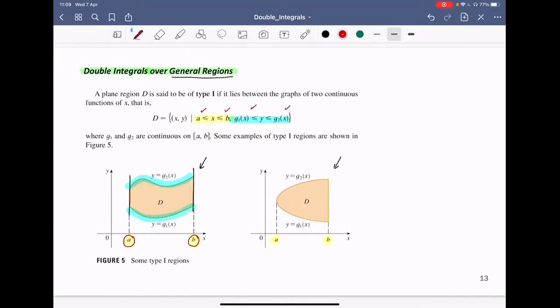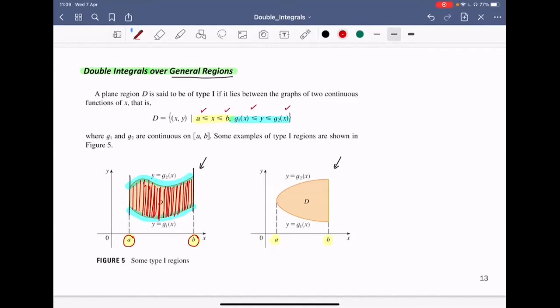If you want to do that, it's similar to drawing a vertical line here from y equal to g1 to y equal to g2. If you draw a vertical line infinitely many times, making the pieces smaller so you get more pieces, at the end you're going to get the area.